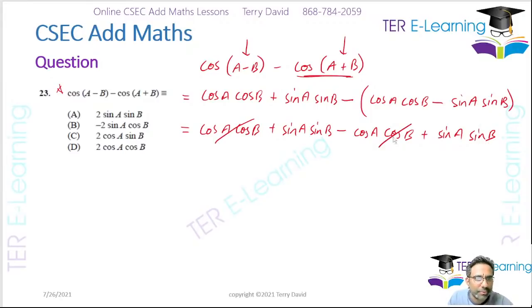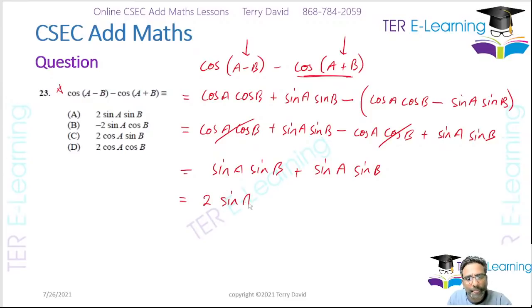This here will cancel with this, and what we'll end up with here is simply sine a sine b plus sine a sine b. So therefore what you're going to end up with here is 2 sine a sine b. So my answer should be A, right? My answer is A.